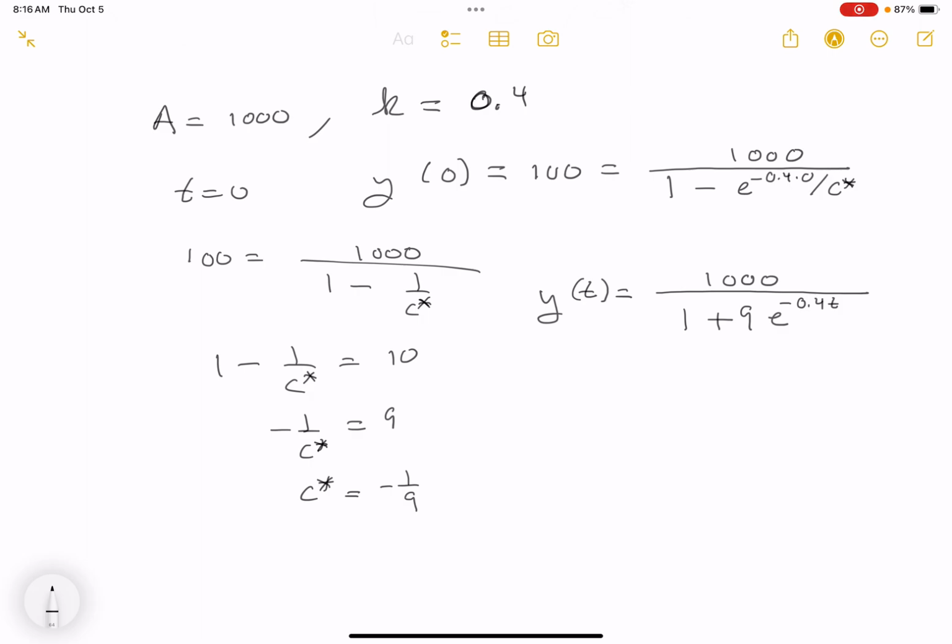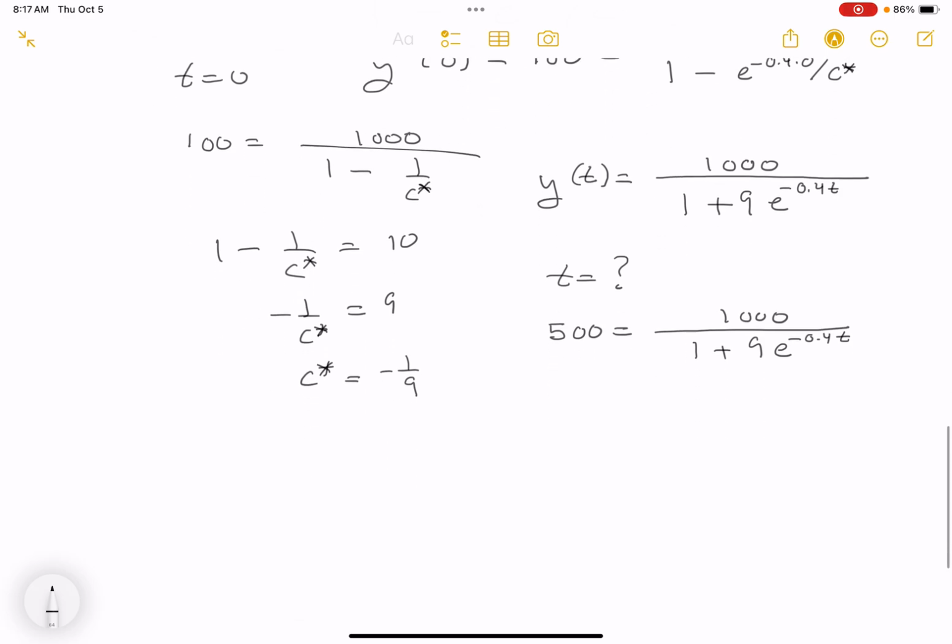Then it says, how long will it take the population to reach 500? So the question is, at what time T, how long is it going to take to reach 500? I don't know. Let's write this down. 1,000 over 1 plus 9 e to the minus 0.4 T. Well, what do you get here?